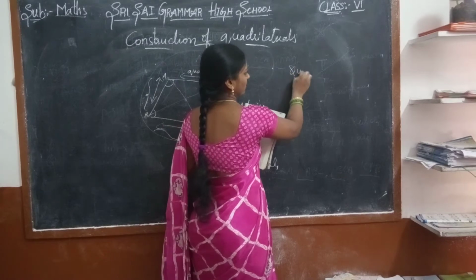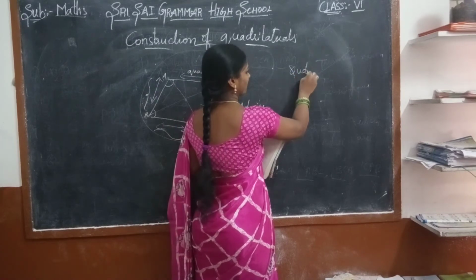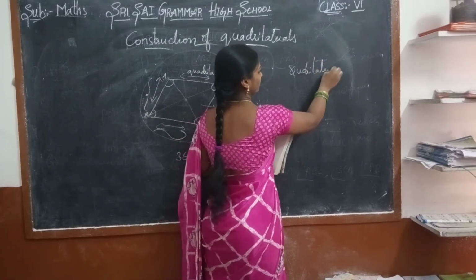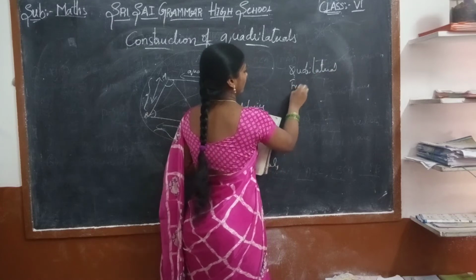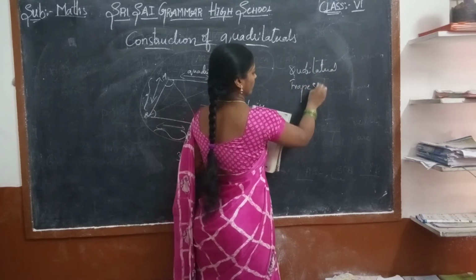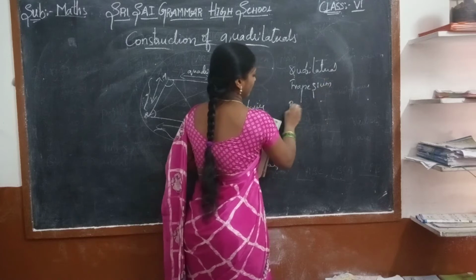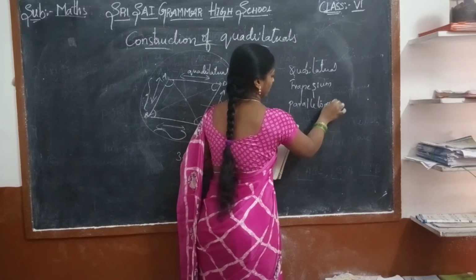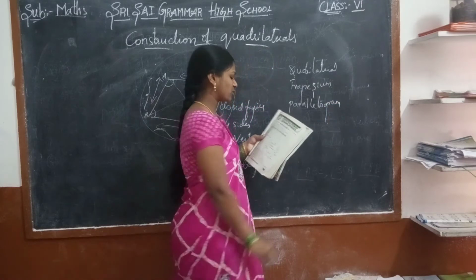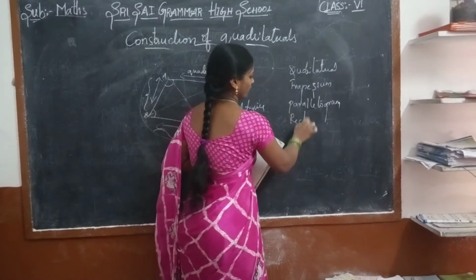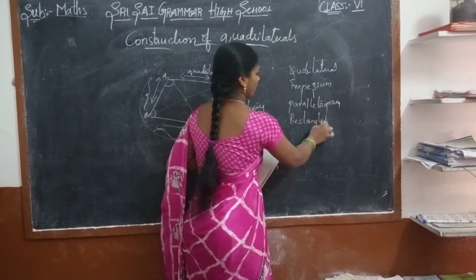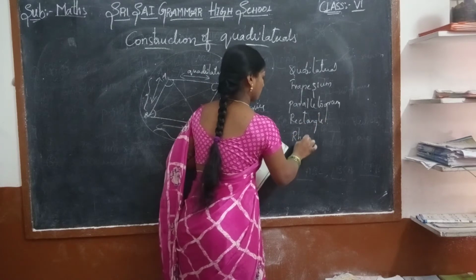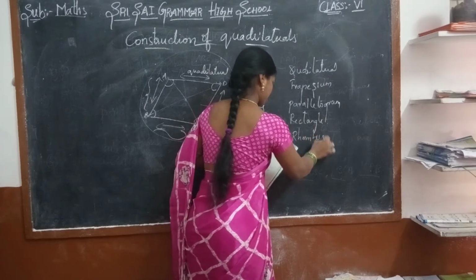Quadrilateral, trapezium, parallelogram, rectangle, rhombus, and square.